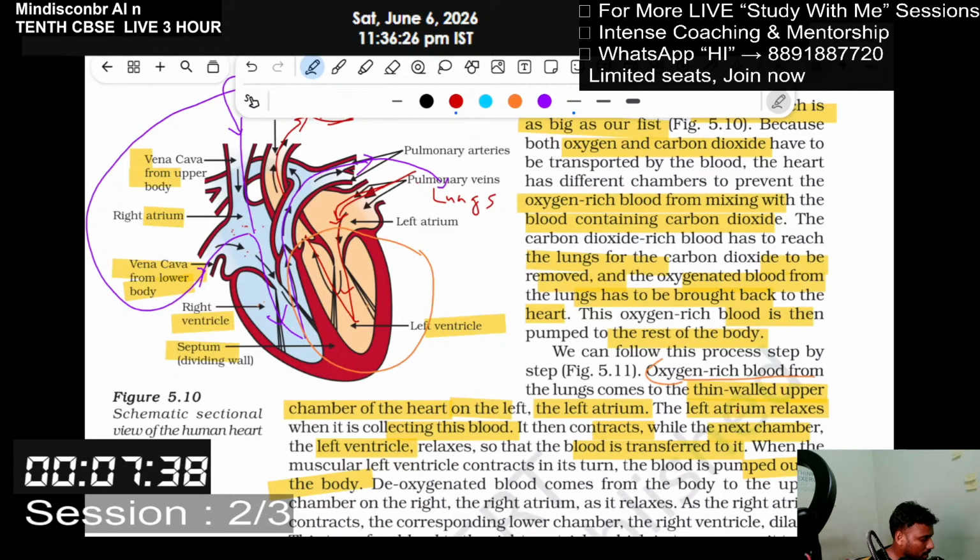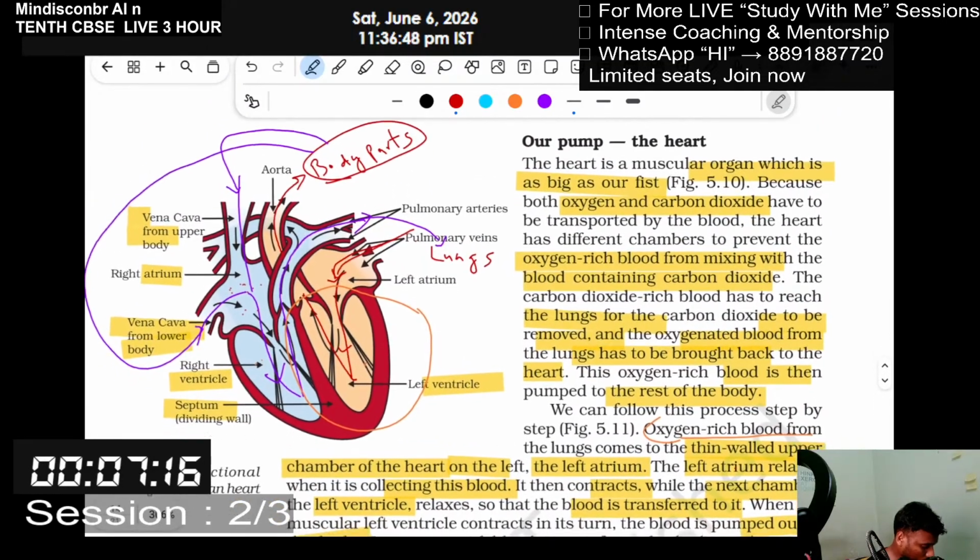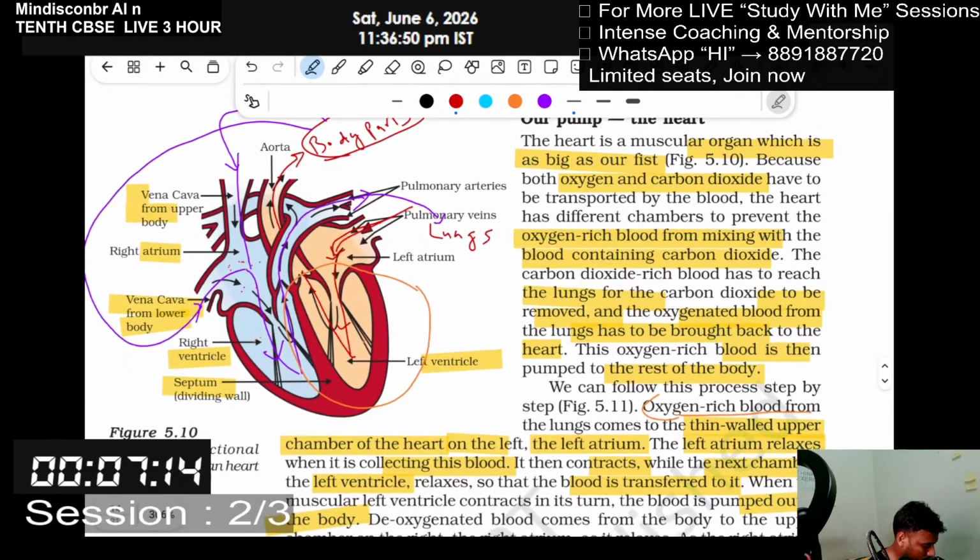That oxygenated blood is coming to the left atrium through the pulmonary veins. So in the left atrium, first the left atrium contracts and the left ventricle relaxes. Blood flows from the left atrium to the left ventricle, and after that the left ventricle contracts, and as a result blood flows through the body parts through the aorta.